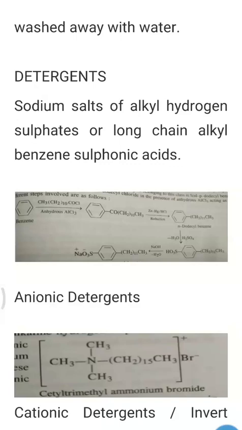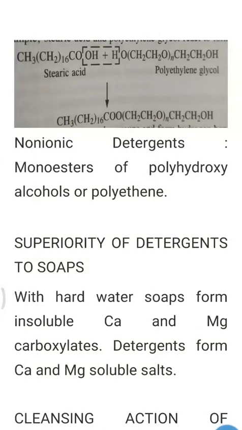These are generally acetates, bromides or chlorides of quaternary ammonium salts. Number three is non-ionic detergent. They are simply long chain organic compounds and they are esters by nature. These are the monoesters of polyhydroxy alcohols or polythene.